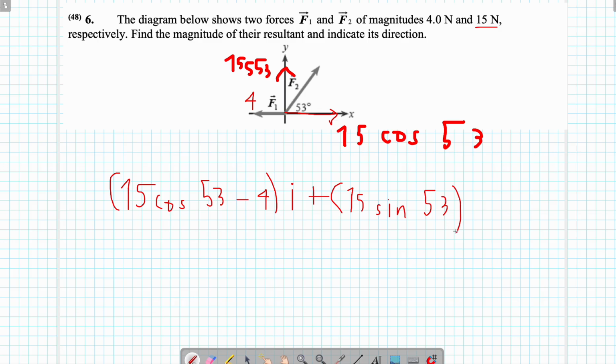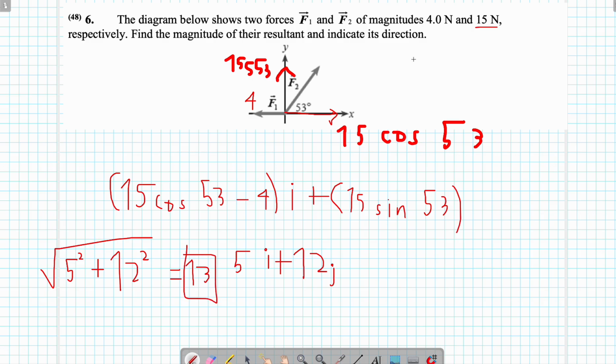Let me just get the answer for 15 cosine 53 minus 4, so 5i plus 15 sine 53, which is 12j. Okay, and now for the magnitude, what we're gonna do is radical 5 squared plus 12 squared is equal to 13. That's the magnitude.